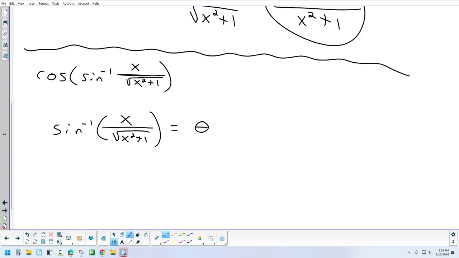And now I need to rewrite it with regular trig. So what do I have to do on both sides? Take the sine of both sides. That gives me x over the square root of x squared plus 1 equals the sine. Now draw a diagram where that is true.